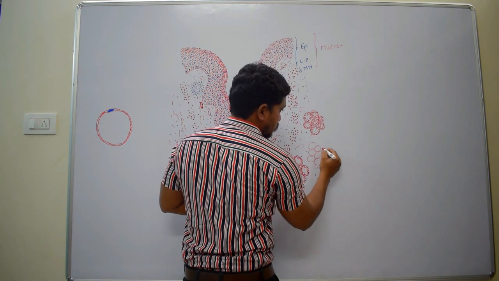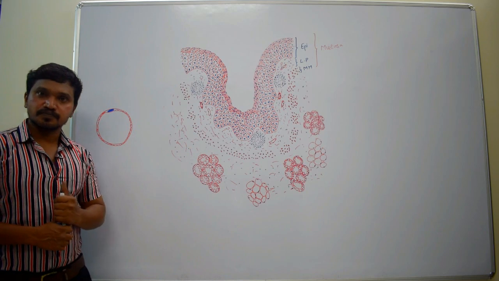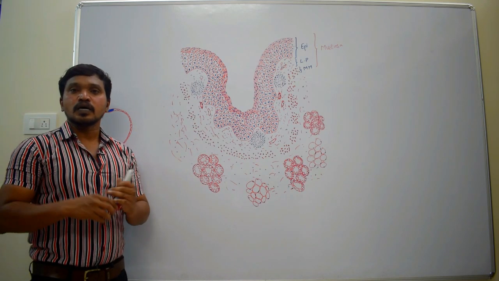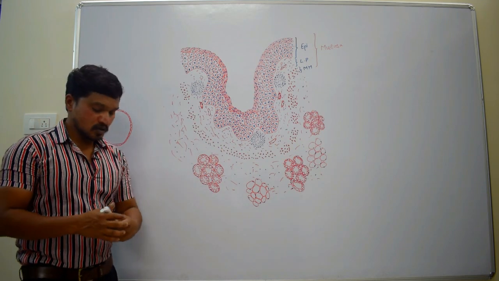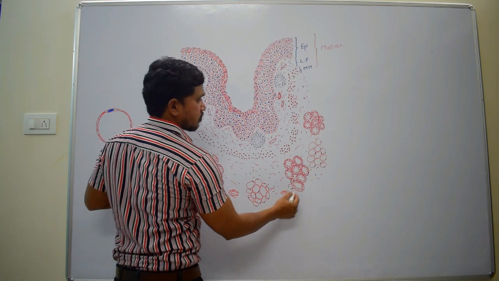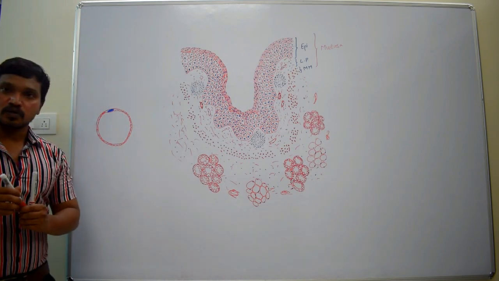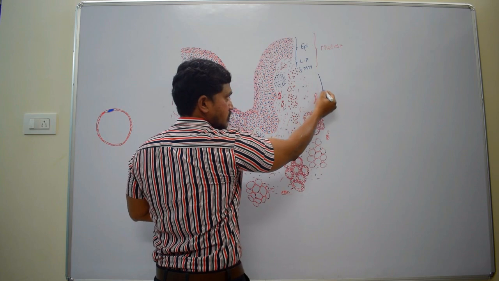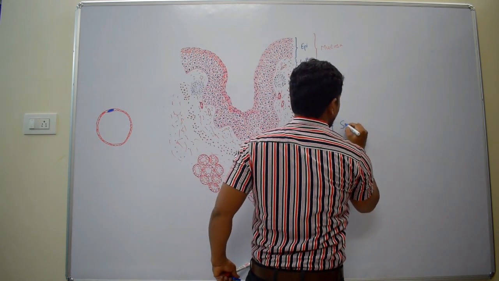Here also adipose tissue. Then is there any other structure present in the submucosa? We can find a nerve plexus. That nerve plexus is what we call Meissner's nerve plexus or submucosal nerve plexus, right? Somewhere you can find the nerve plexus. So this total layer from here to here is what we call submucosa.